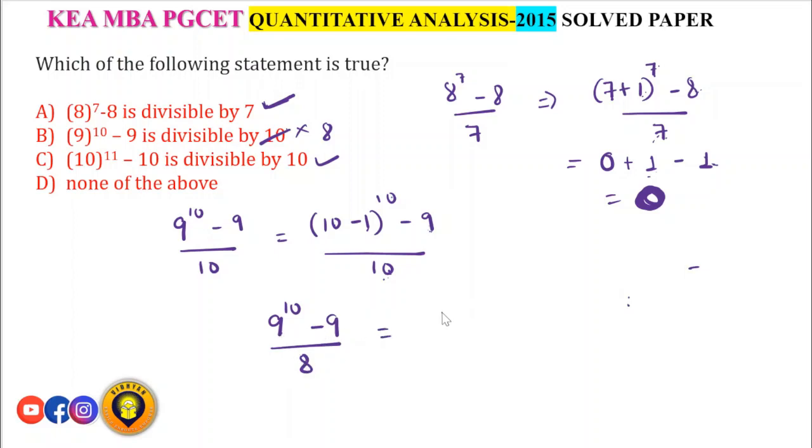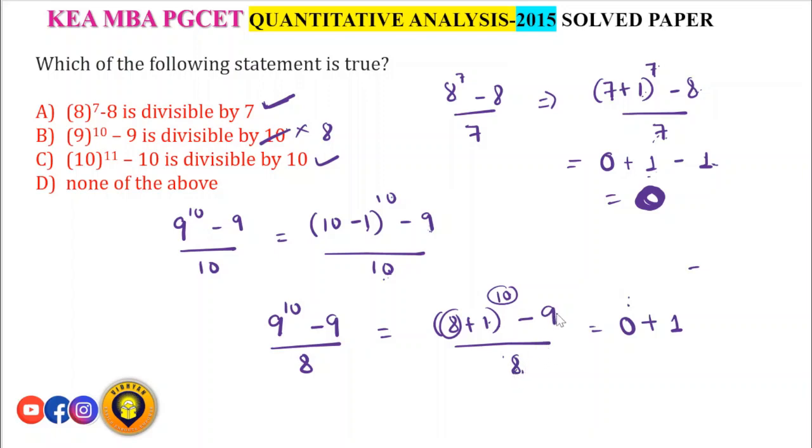So 9 you can write as 8 plus 1: (8 plus 1) power 10 minus 9, divided by 8. You know that 8 power 10 is divisible by 8, so the remainder is 0. 1 power 10 is 1, and 1 divided by 8, the remainder is 1 itself.